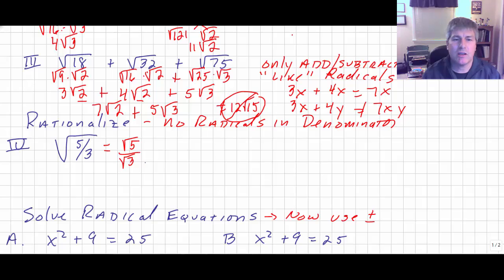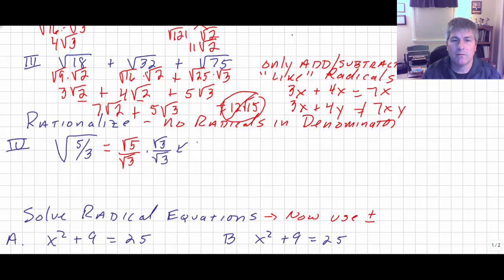And we can rationalize that square root in the denominator. Well, every number multiplied by itself is its own perfect square. So if we multiply the denominator by the square root of 3, that's going to get rid of that square root in the denominator. But of course, if I multiply the denominator by the square root of 3, I have to multiply the numerator by the square root of 3.